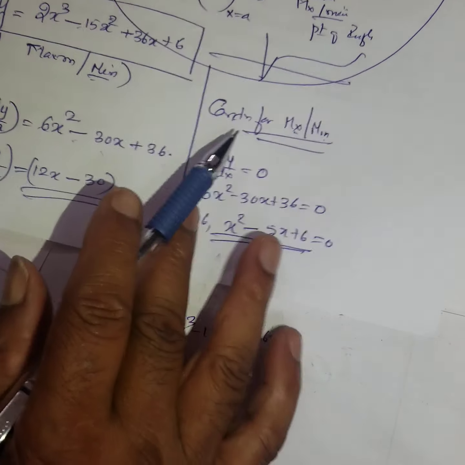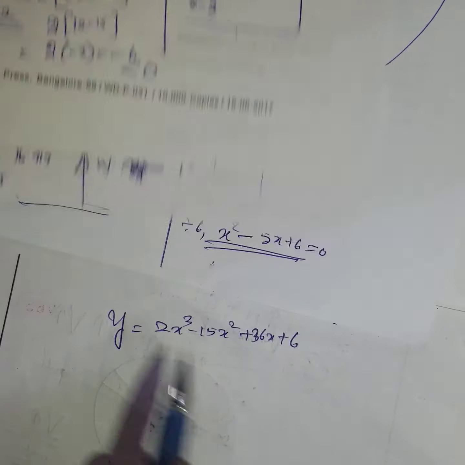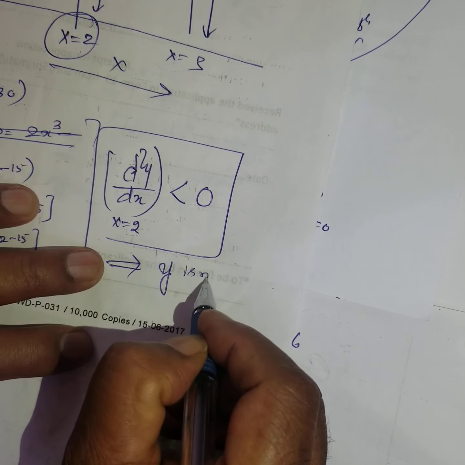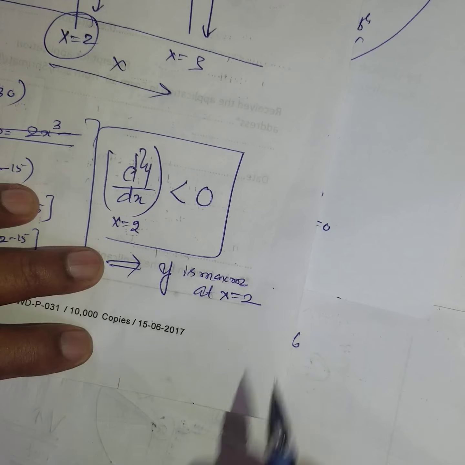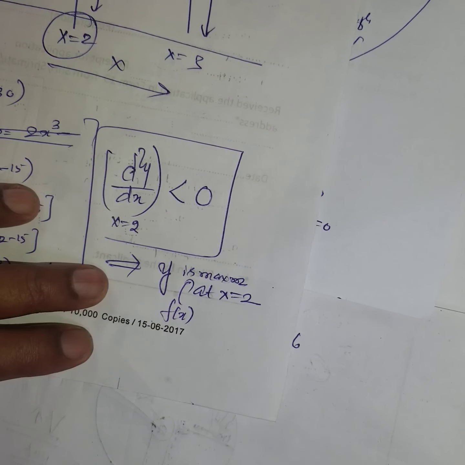And the second derivative is less than 0 at x = 2. Therefore, y is maximum at x = 2. That is, f(x) is maximum at x = 2.